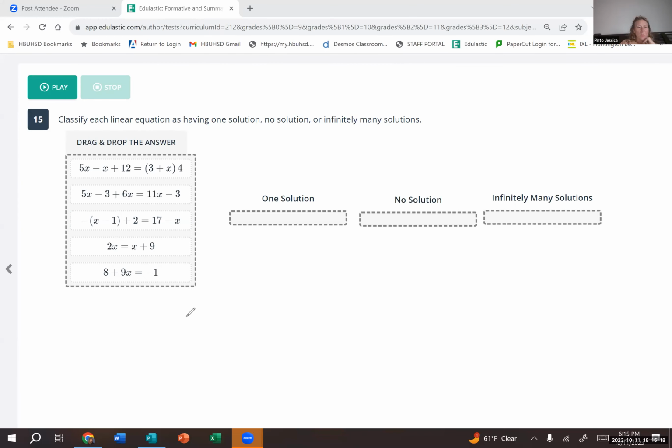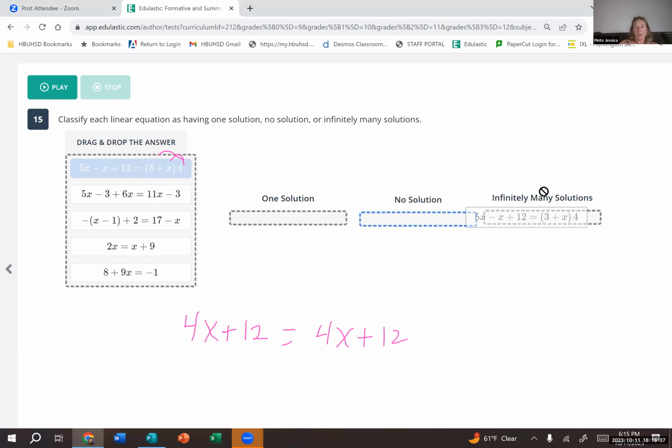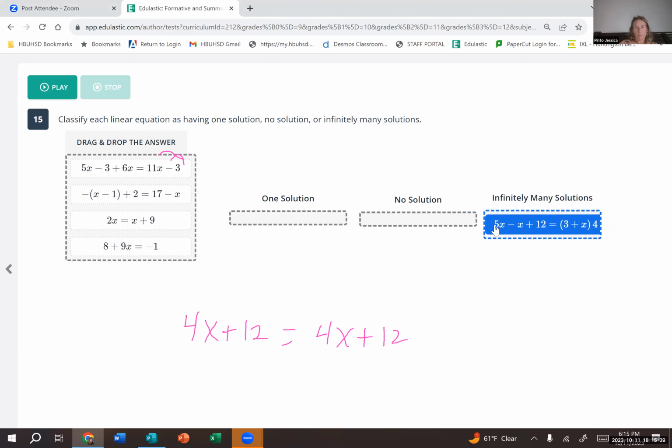So that's going to be 4x plus 12 equals 4x plus 12. This is one of the ones that is infinitely many solutions. And I know because it has the same coefficient and the same constant. Okay. Let's look at the next one.